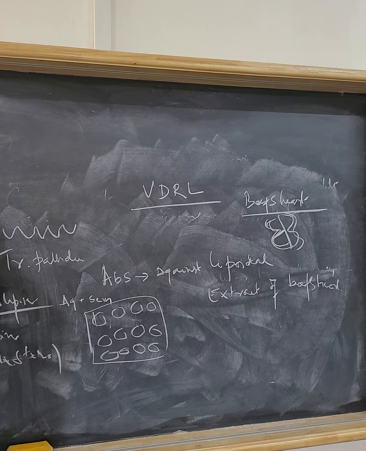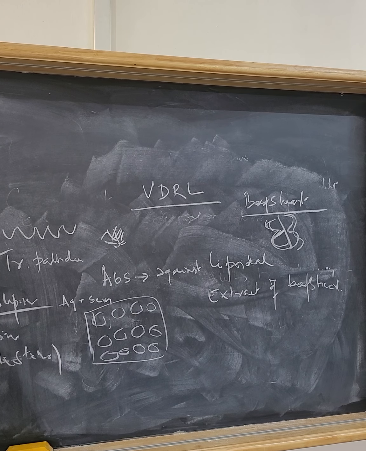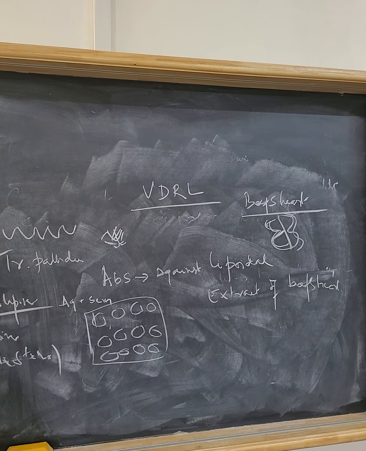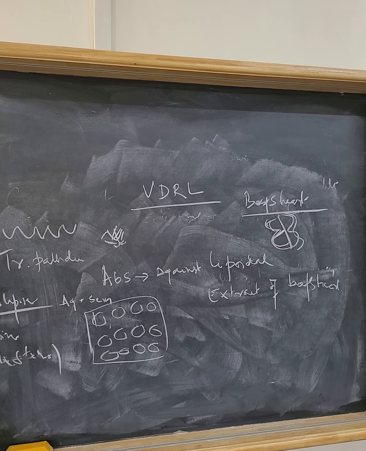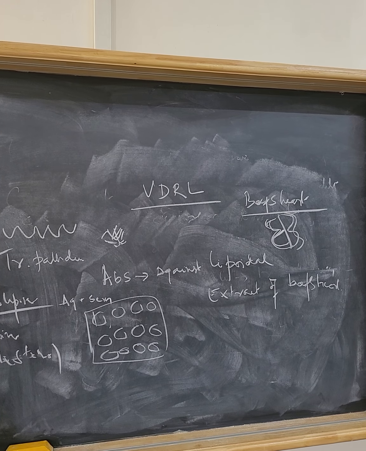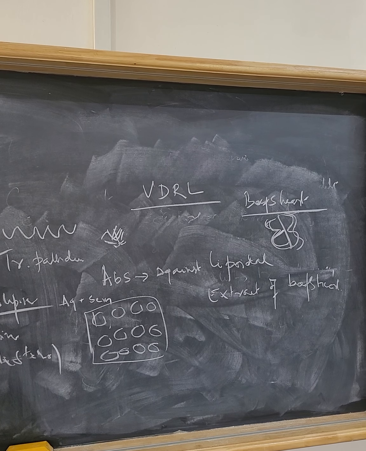At the end of that, you look for the flocculated material under low power microscope. Then do the dilution 1 in 2, 1 in 4, 1 in 8, 1 in 16, 1 in 32, 1 in 64, 1 in 128, going on doing doubling dilution. Titer is defined as the highest dilution of serum where you see the antigen antibody reaction in an observable manner.